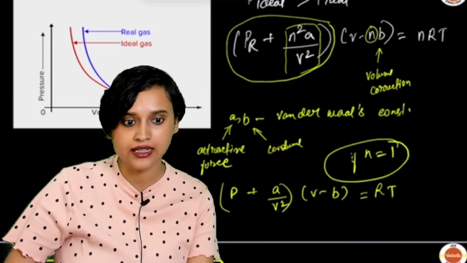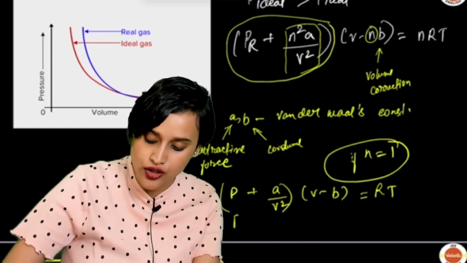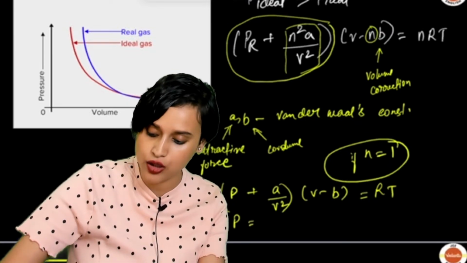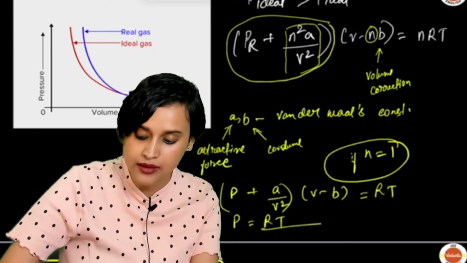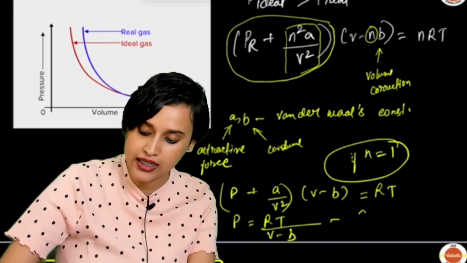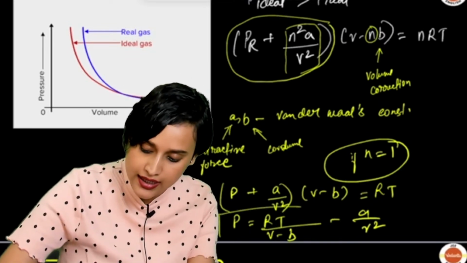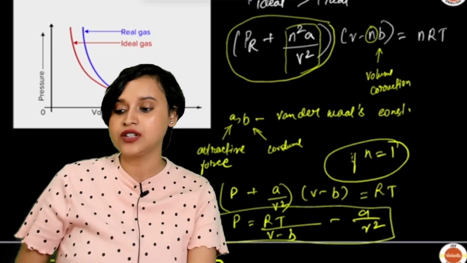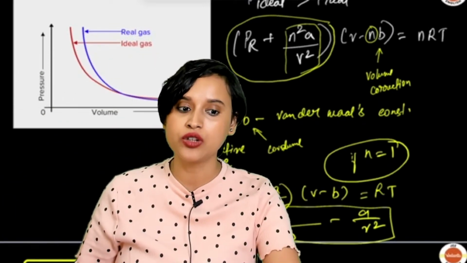Will I get something like this? Yes, I will get something like this. So that means that I can also write it as P is equal to RT divided by (V minus b) minus a by V square. Am I right? Can I write it like this? So this is also, after rearranging, you get this.